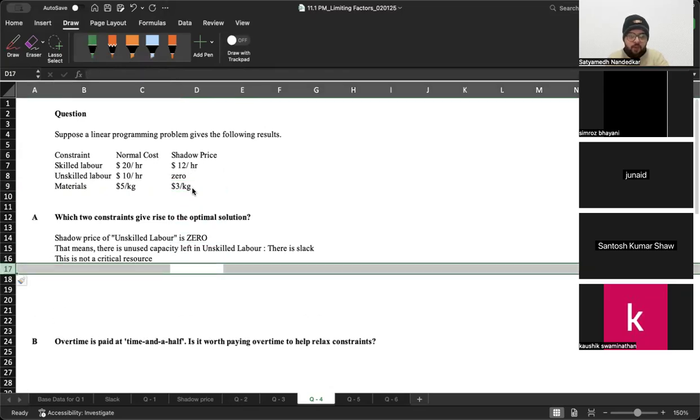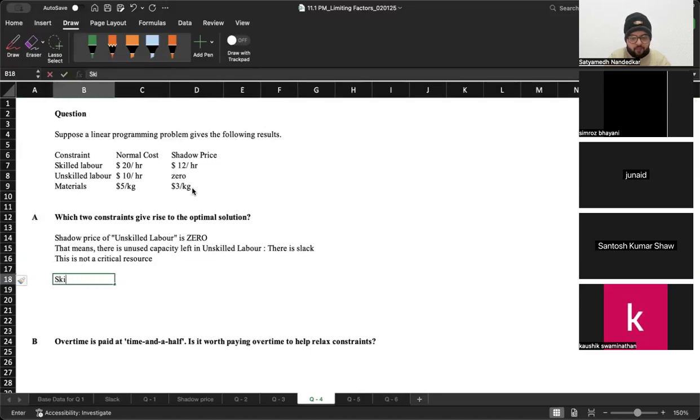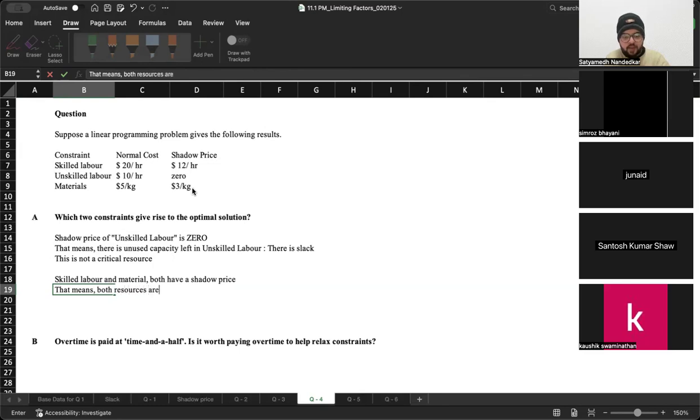ठीक है, so skilled labor and material both have a shadow price. That means both resources are critical.